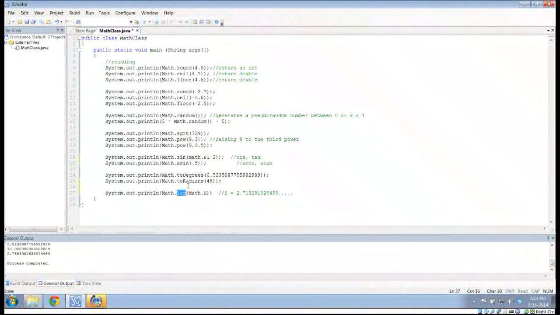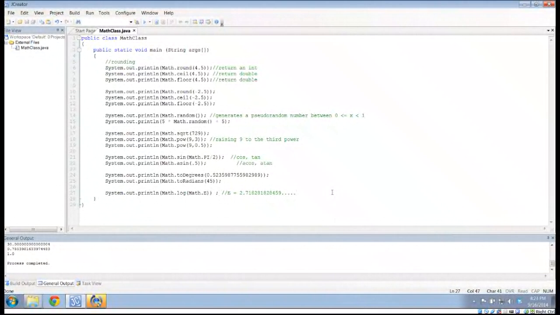Even though it's log, this is the natural log. And it helps if I put a semicolon at the end of the statement.